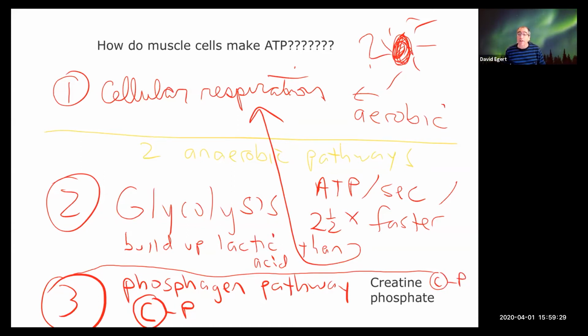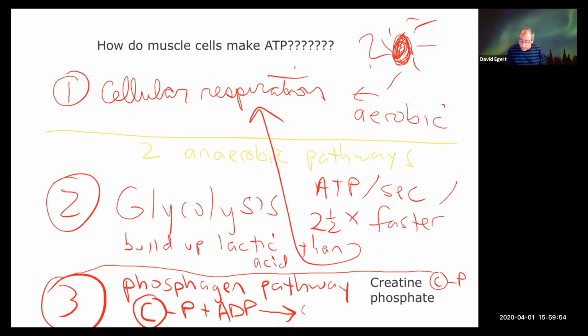It's the same phosphate that's on ATP. So creatine phosphate plus ADP, which is again adenosine diphosphate. Remember, after ATP is hydrolyzed, you end up with an ADP plus a phosphate. So creatine phosphate and ADP, in one step, it just transfers the phosphate group.